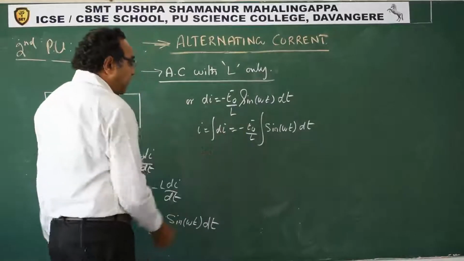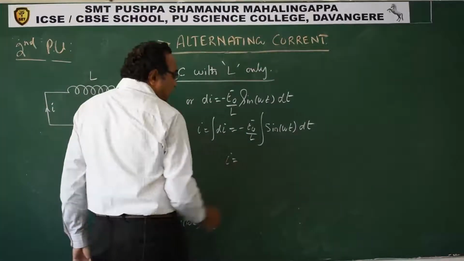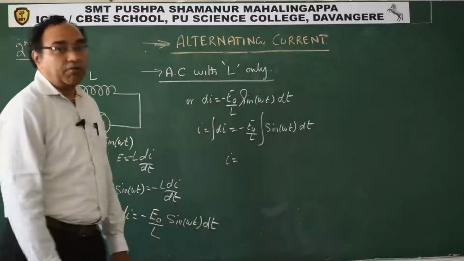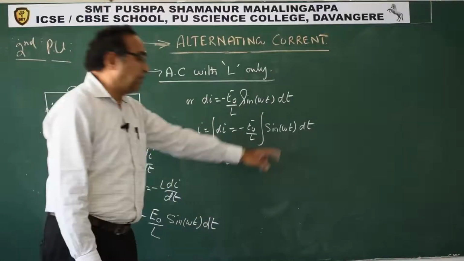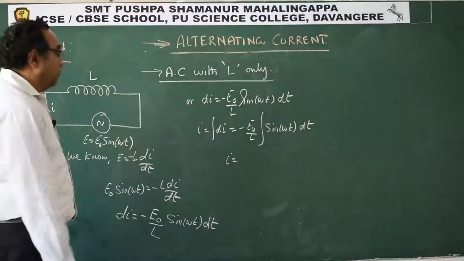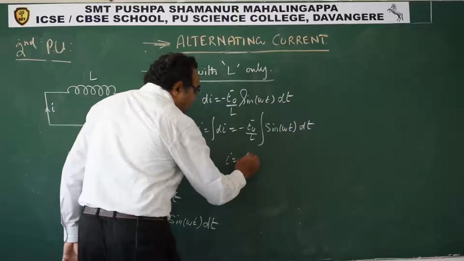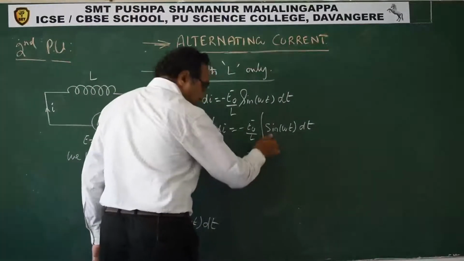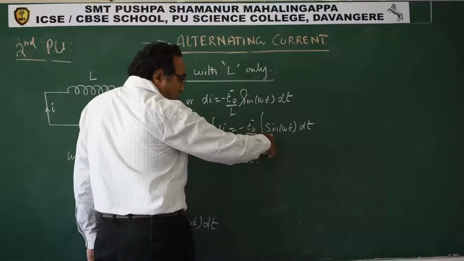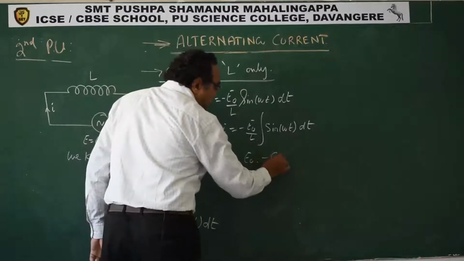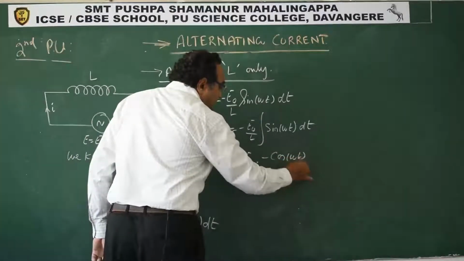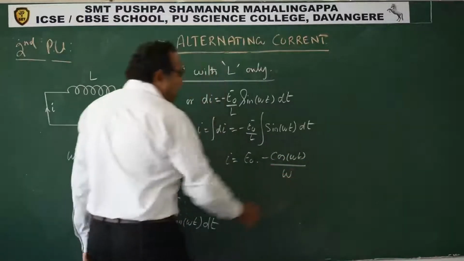So what will be the integration now? What is the integration of sine of omega t dt? When we integrate this, we will get E naught, sine is minus of cos, so we can write minus of cos omega t by omega.